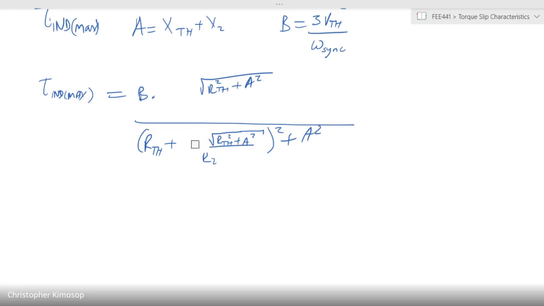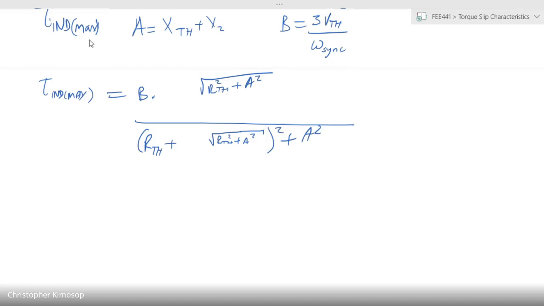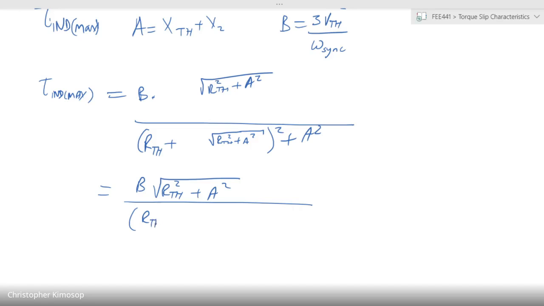And similarly, you erase this, cancels out with the other one. So then that gives us B times square root of R Thevenin squared plus A squared over R Thevenin plus square root of A squared, all of that squared plus A squared.